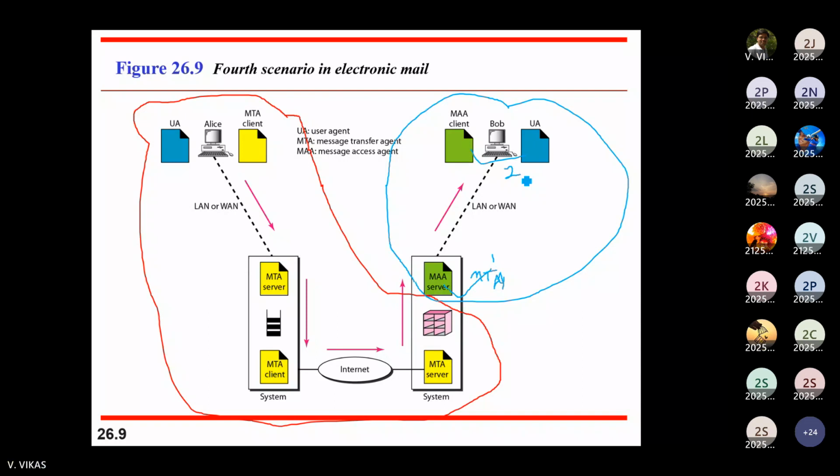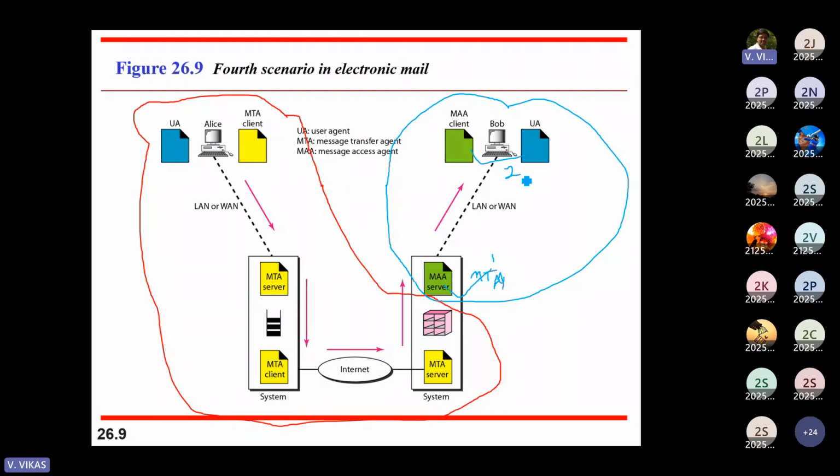Yes, sir. So let us say you are using a laptop or a desktop. Is it possible for you to keep it switched on 24 by 7? No, sir. It's not possible. So that is the first reason why we are not considering an MTA server at Bob's location.